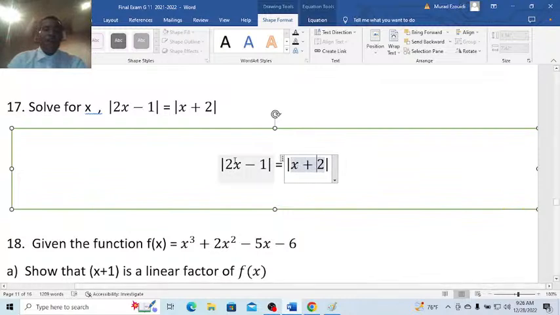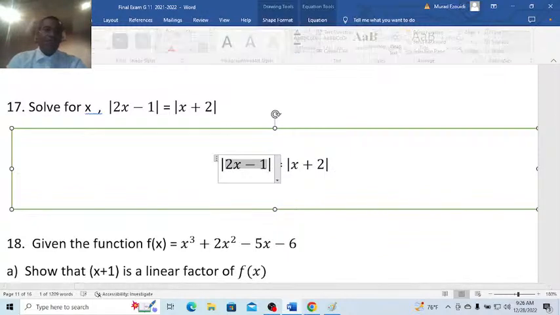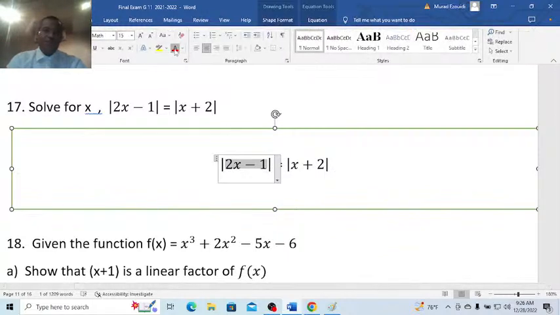So the absolute value of 2x minus 1 equals the absolute value of x plus 2. To solve this, 2x minus 1 is equal to minus (x plus 2), so we give a negative sign to x and a negative sign to 2, or 2x minus 1 is equal to x plus 2, no change.